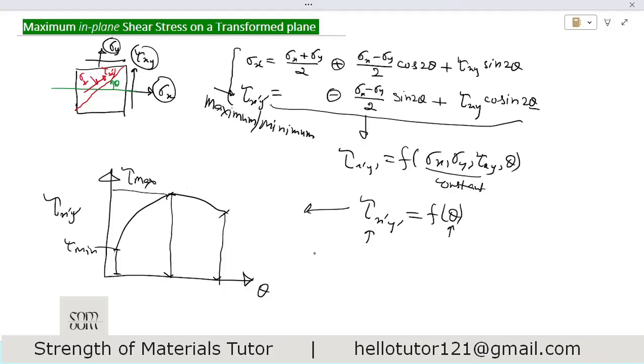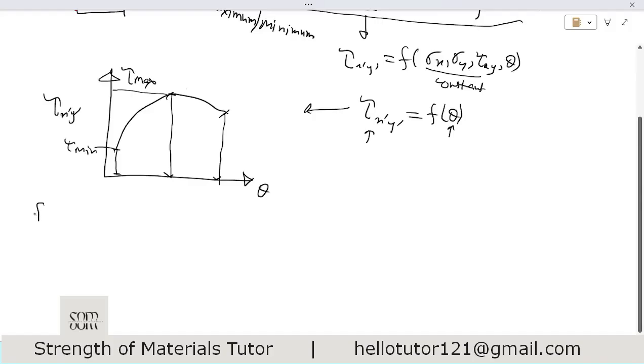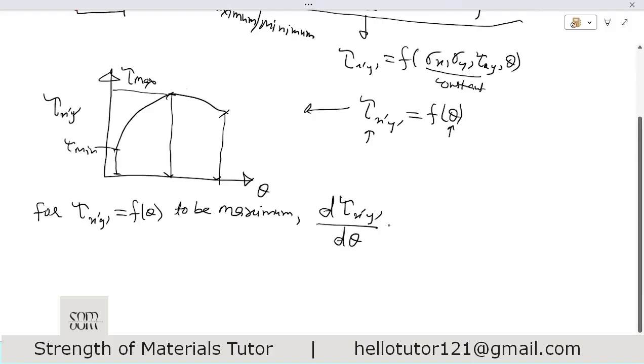So now from mathematics we know for tau x prime y prime to be maximum, right? So I will write here for tau x prime y prime, which is a function of theta, and for this to be maximum or minimum, we should have the differentiation of tau x prime y prime with respect to theta equal to 0.